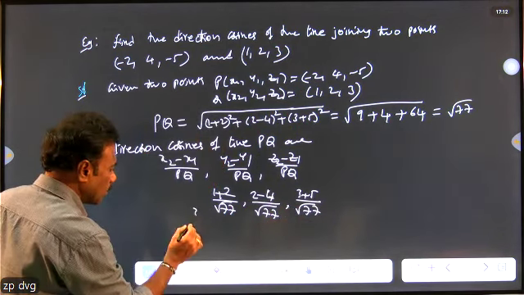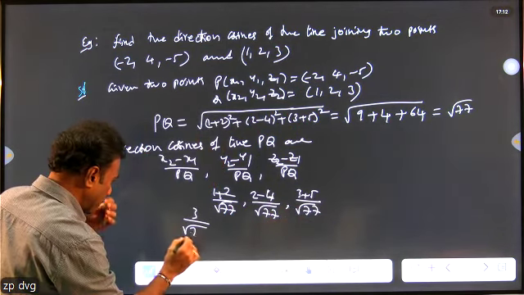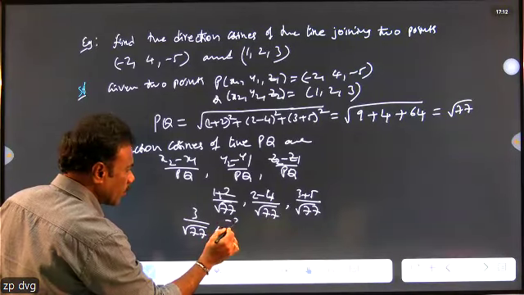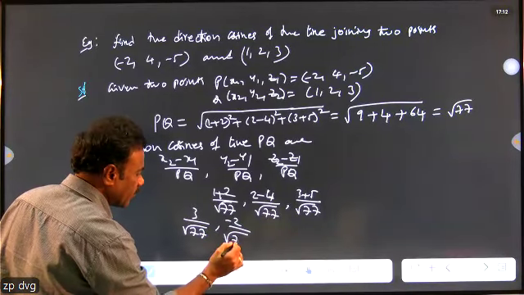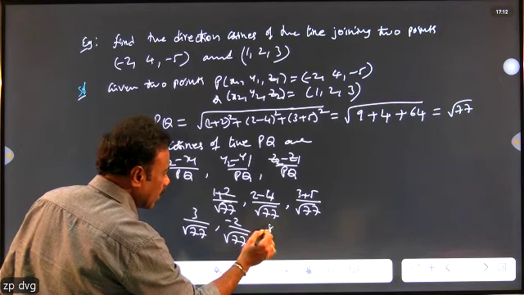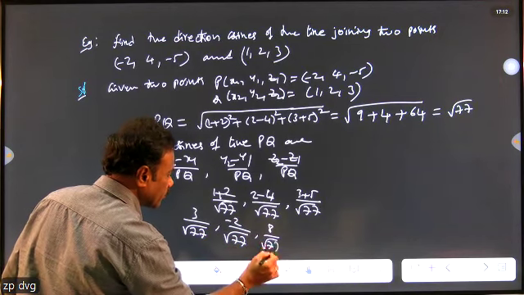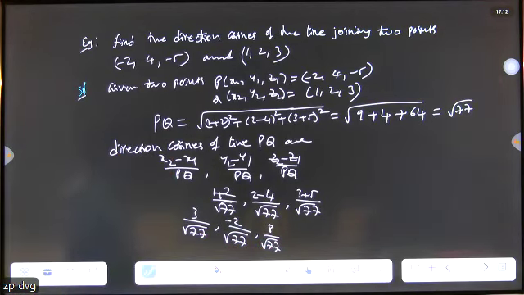So you will get 3 by root 77, minus 2 by root 77, and 8 by root 77, right?